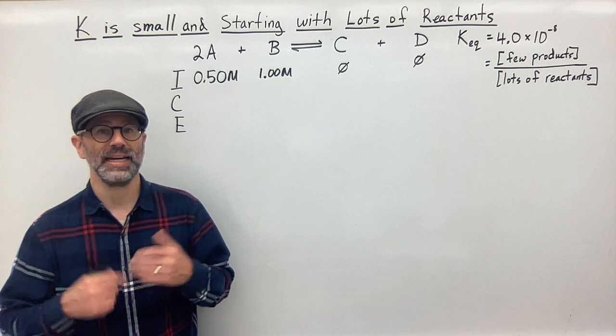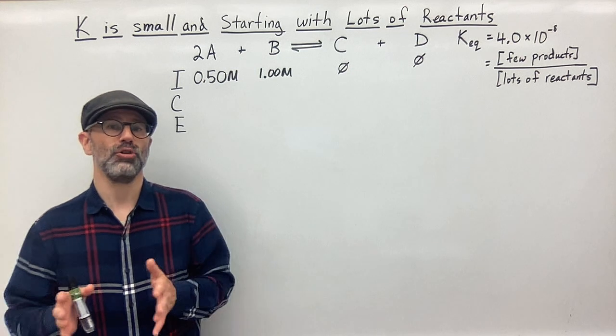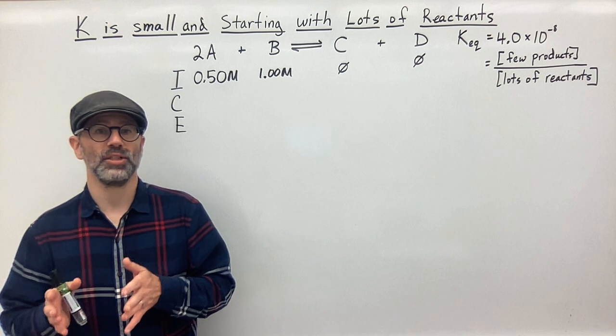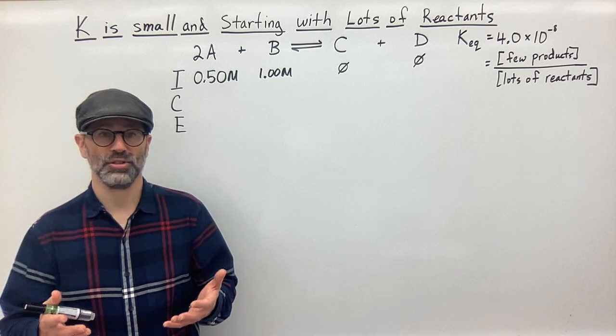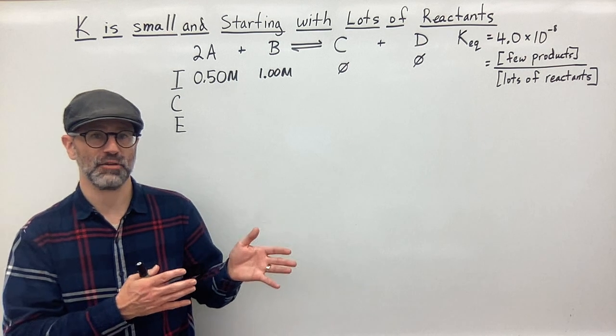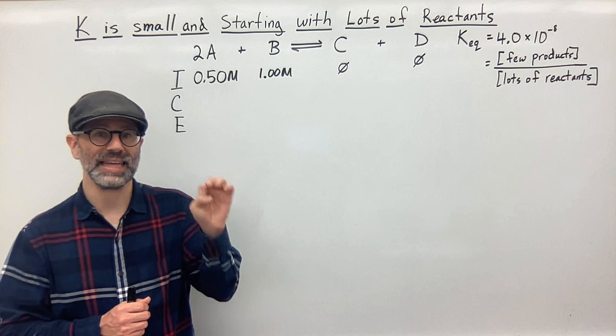And again, the rule of thumb is that if your reaction is shifting towards the side that is not favored, then you know you can use the ICE table, because if it's shifting towards the side that's not favored, then you're going to get a tiny amount formed on that side.